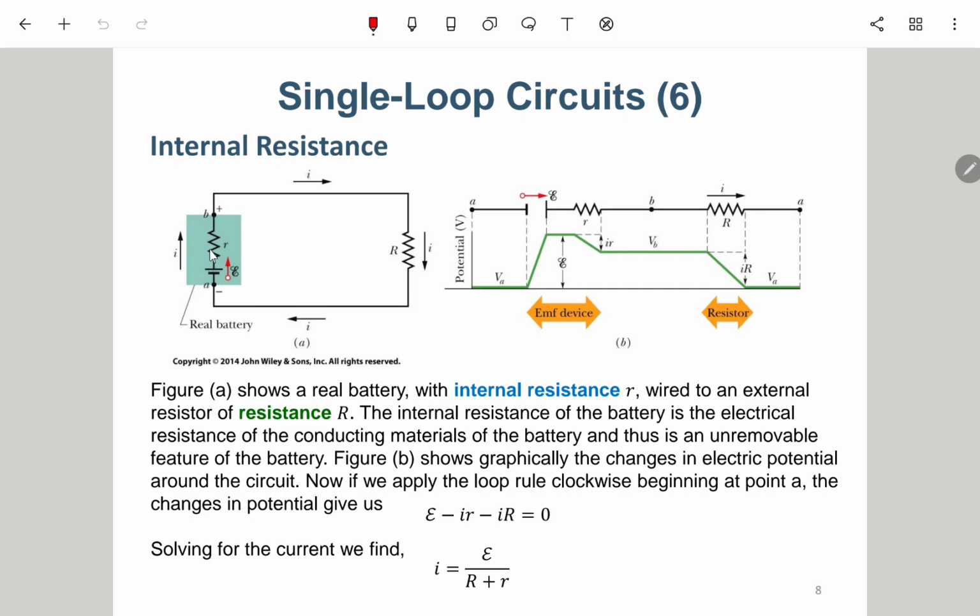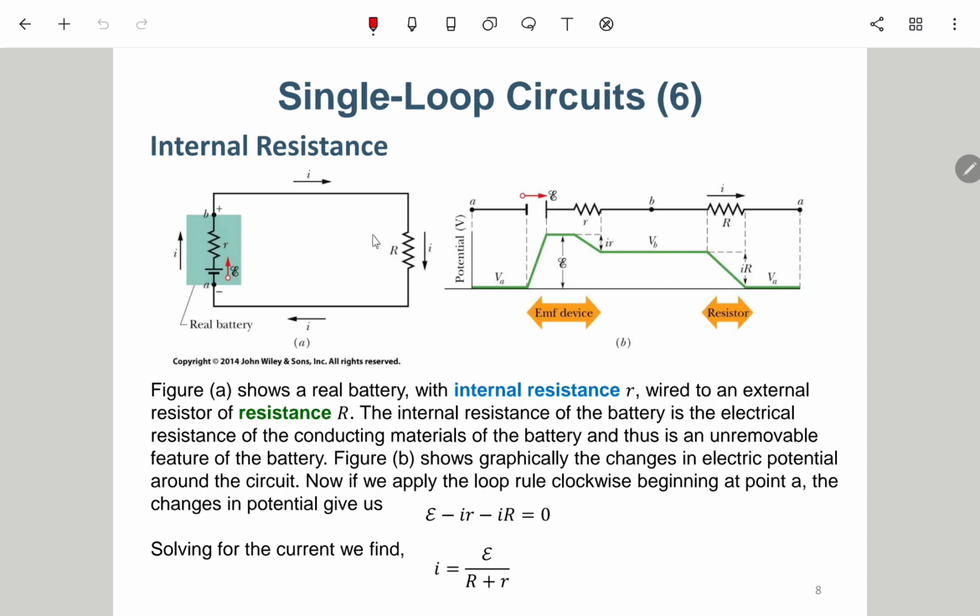Because if you want to put a battery here, you want the energy or the power provided by this EMF delivered to something you want. So you don't want this internal resistor to be large. But unfortunately, it always occurs, so we try to make it as small as possible.